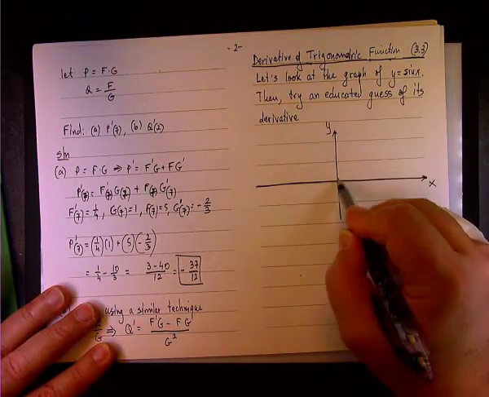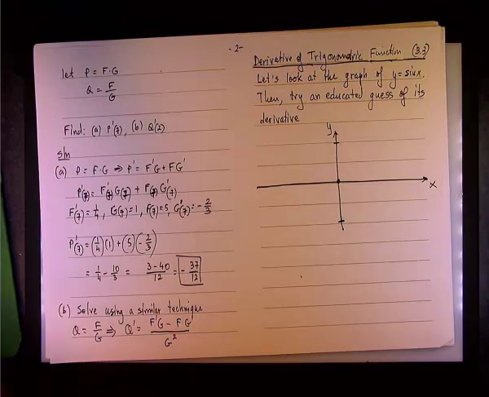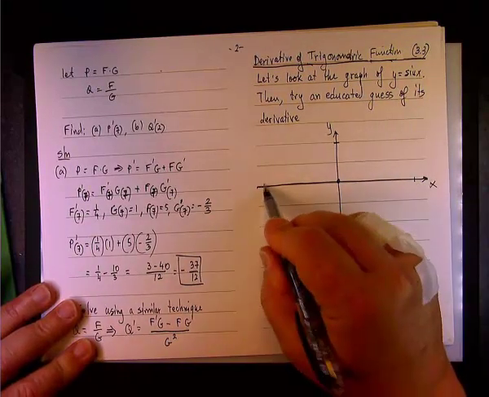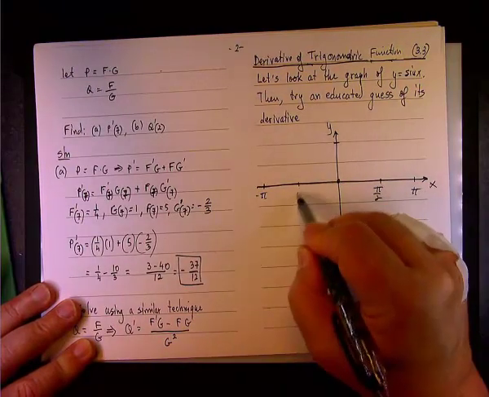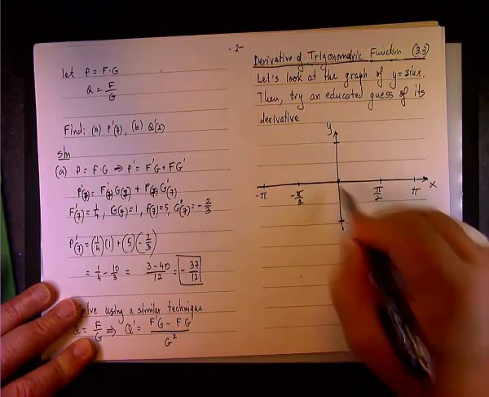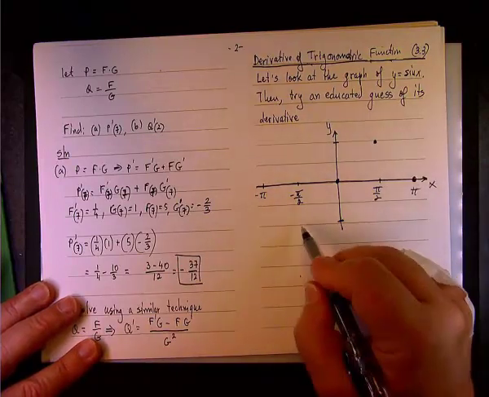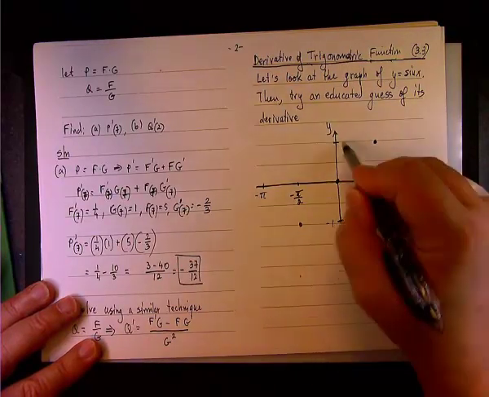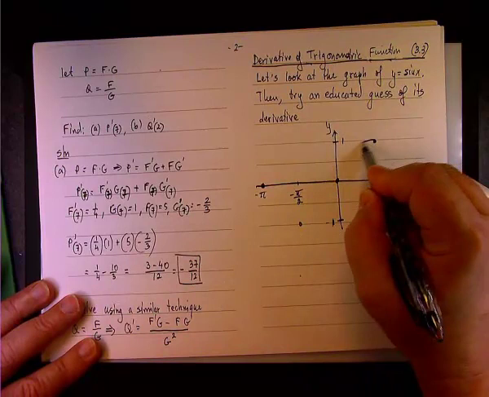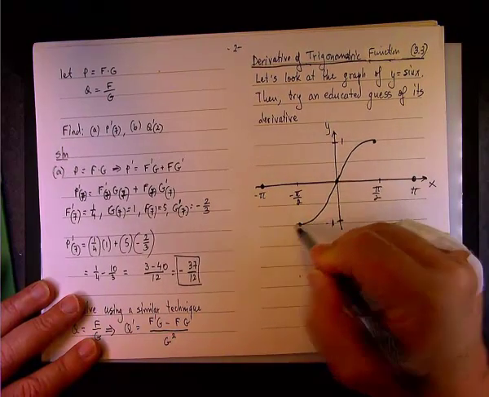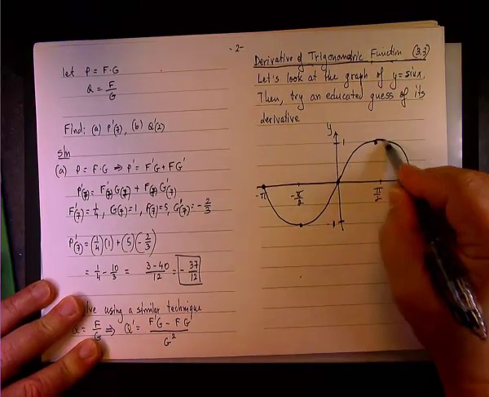Okay, so this is x and this is y, and we know that the sine function, the range is -1 to 1, and let's say this is pi and this is negative pi, and in between we have pi over 2 and negative pi over 2, and we know that sine of 0 is 0, sine of pi over 2 is 1, and sine of pi is 0, and sine of negative pi over 2 is -1, and sine of negative pi is also 0, and the overall shape of the curve is the sinusoidal shape.